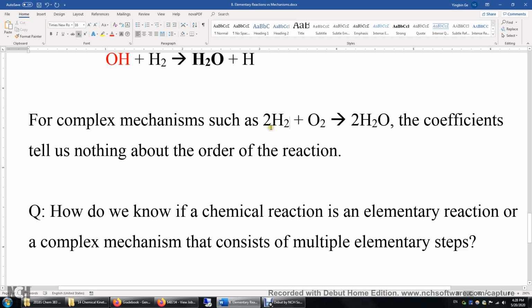For example, if I give you another reaction, like this, how do we know if it's an elementary reaction, where the coefficients in front of the reactants are the corresponding reaction orders, or it's a mechanism in which the coefficients do not mean anything? So how do we know?